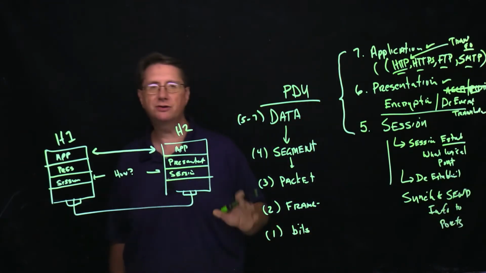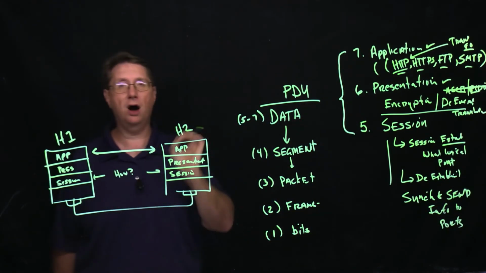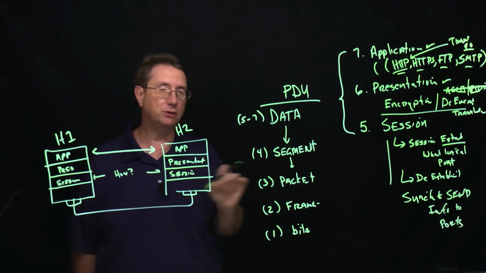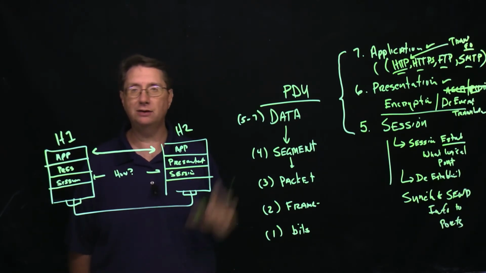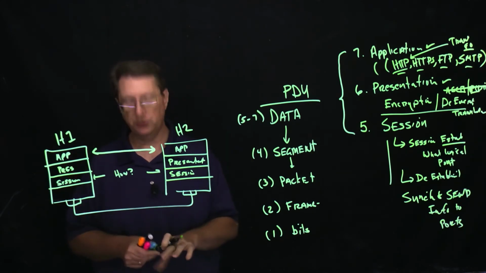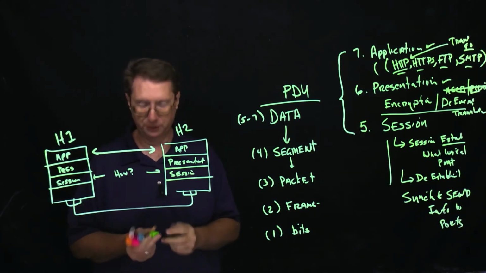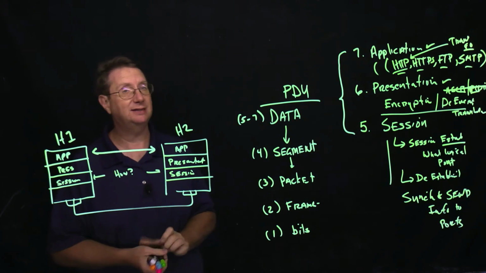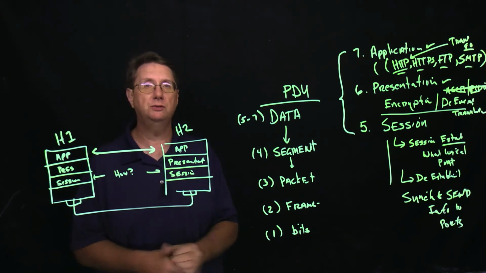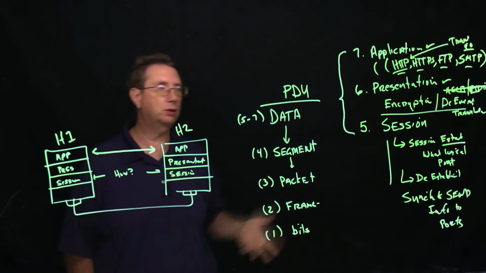So this pretty much covers what we need to know in the confines of the OSI model. There are other models that we're going to have to take a serious look at in order to be able to satisfy all of Cisco's tasks and our responsibilities to be able to take and pass the DCICN. And that's going to mean we're going to have to take a look at some of the additional protocol stacks.